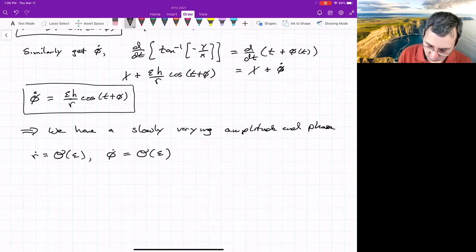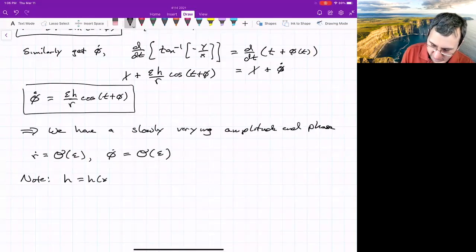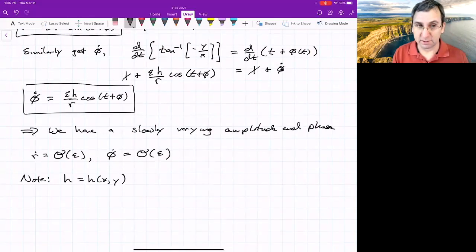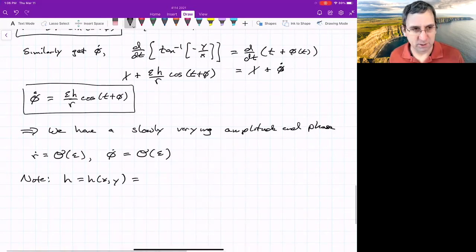Now, what about h? h shows up in both. So h, which is a function of x and y, since y is equal to x dot, we can now plug in our assumption for what these look like. And I'm dropping the dependence on time.